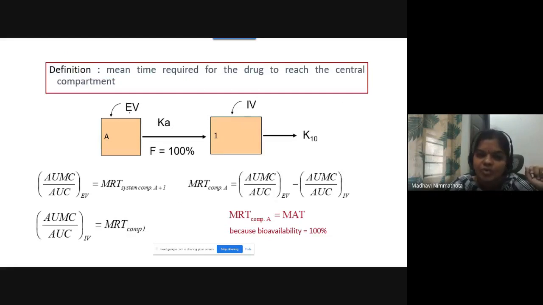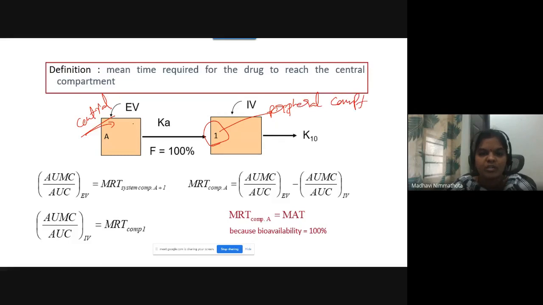In the case of extravascular and IV administration, what are the parameters you need to consider here? Compartment A you can assume as the central compartment, and the other compartment is the peripheral compartment.